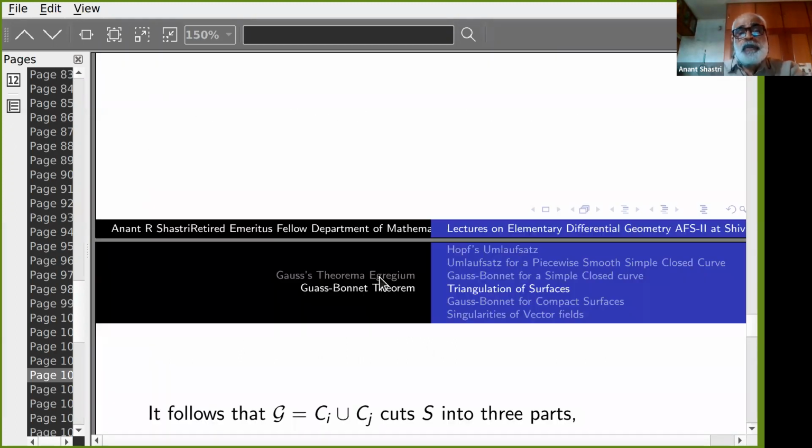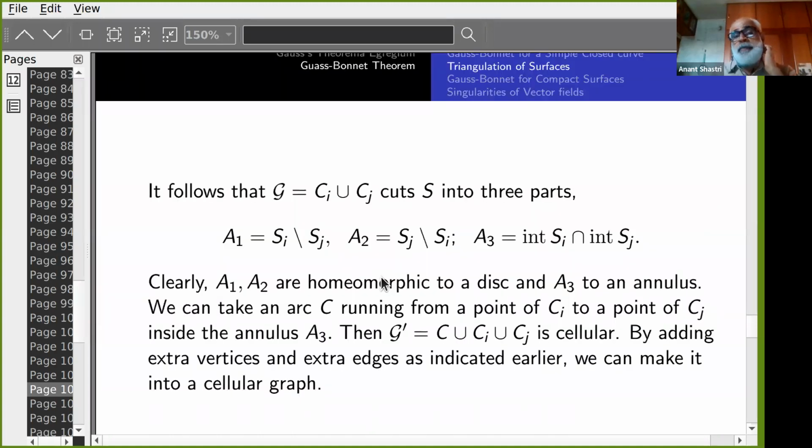Okay. So what happens if you look at G? G is just Ci union Cj now. So if you throw away Ci and Cj, the entire surface S will be divided into three portions: A1, A2, A3.